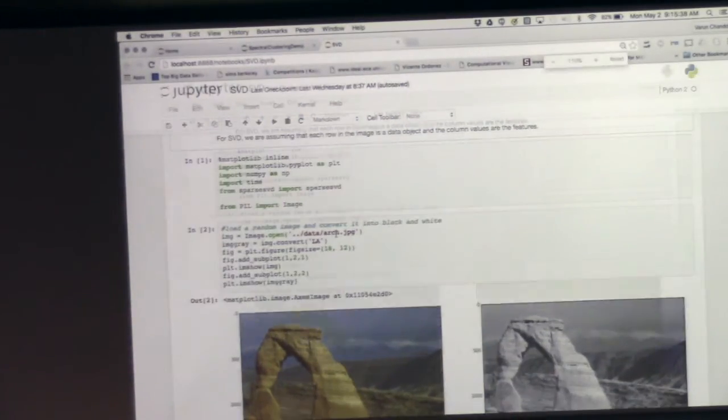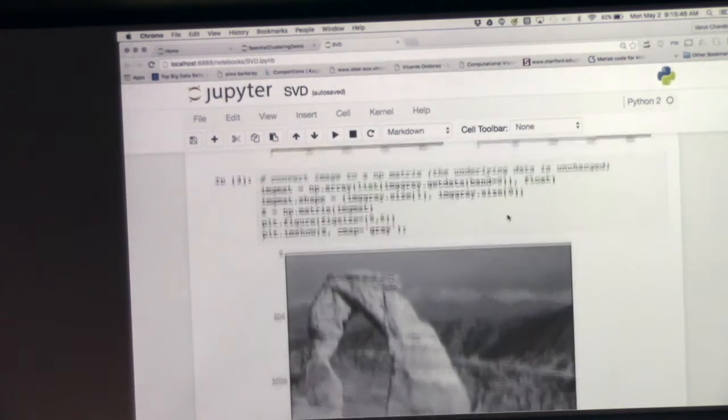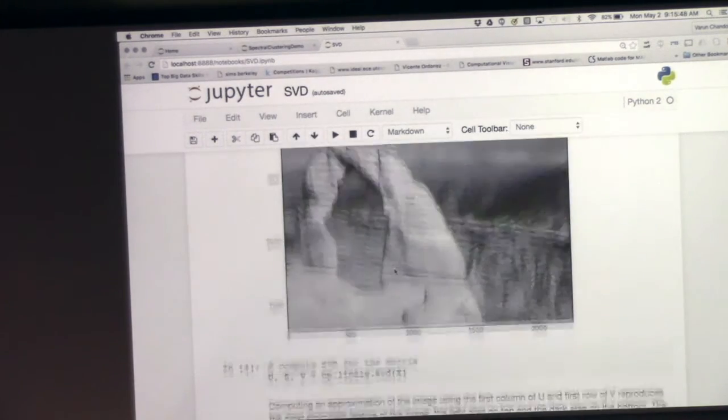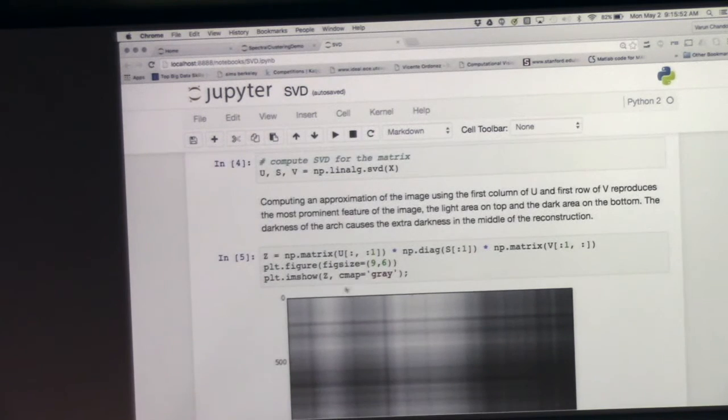All right, so let me go back to this example here. I was showing you this, we have done it already. So let's say your x is this image. So x has n rows and d columns. I removed the color here. So this is your data. So if I use SVD on this, and I look at the first singular values, this is essentially what I was talking about.